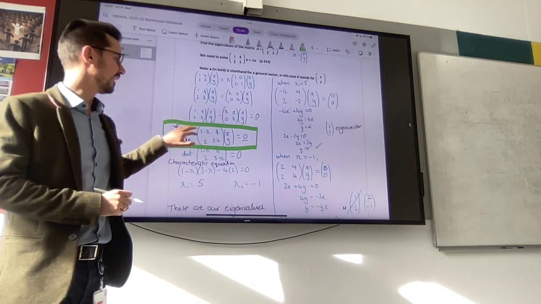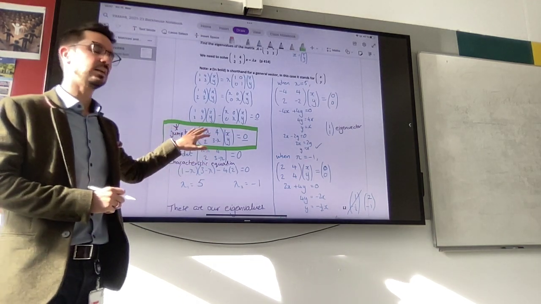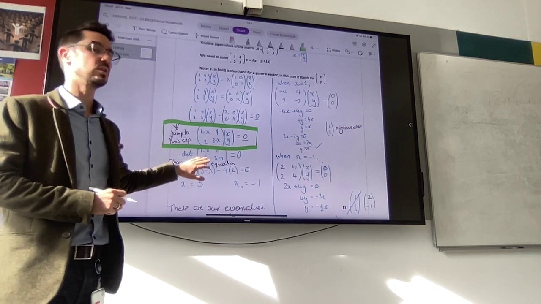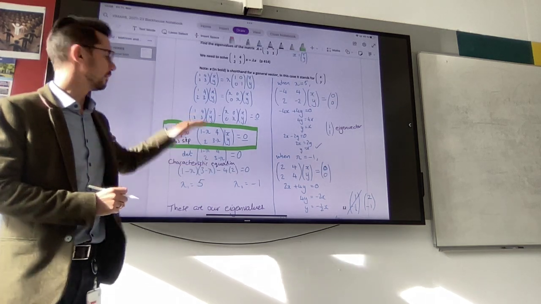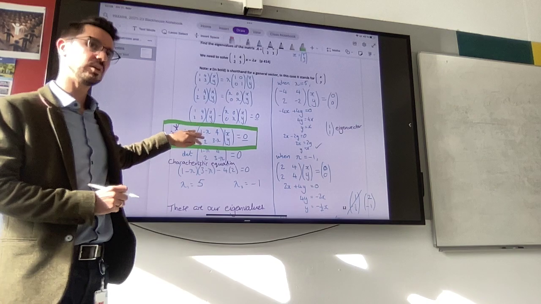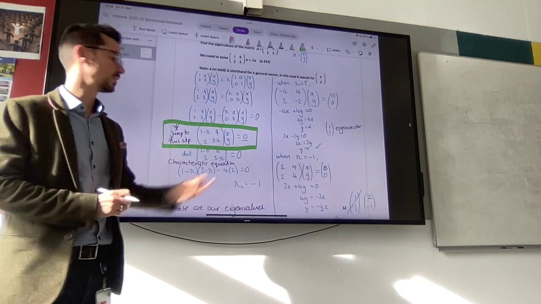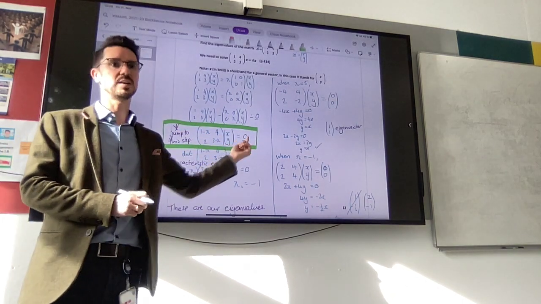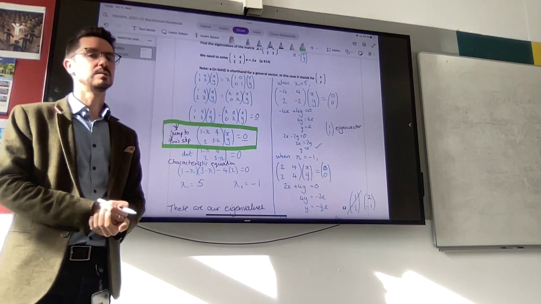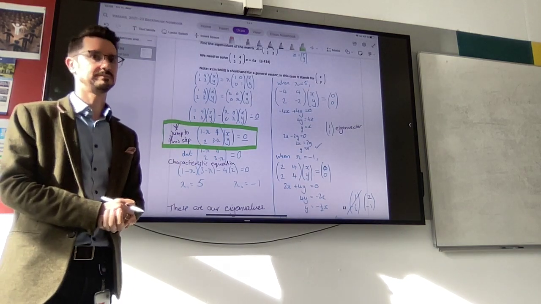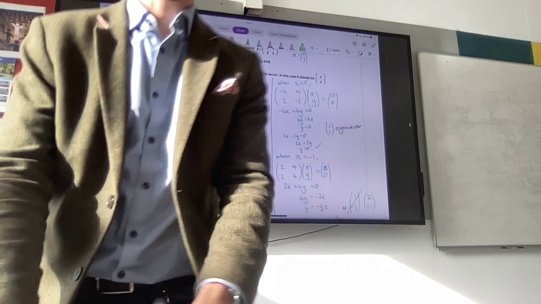And if we don't talk about the idea of it not having an inverse, we won't get those lines either. If we say that there is an inverse, the only thing you get is the origin from this, because every time you're going to multiply the inverse by 0. Right, so we're assuming that it doesn't. So we need to explore that as well if we want to find the eigenvectors.